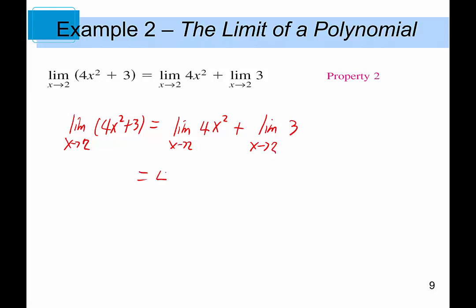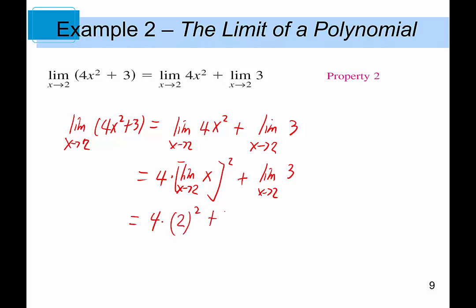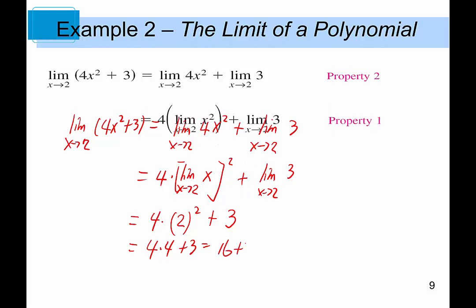You can put a coefficient in front using scalar multiple. You do x and put in a square, plus limit x approaches 2 of 3, right? So it becomes 4 times limit of x squared when x approaches 2, replace x with 2, it becomes 2 squared. The limit of a constant is that constant. It becomes 4 times 4 plus 3. So it's 16 plus 3, which gives us 19.